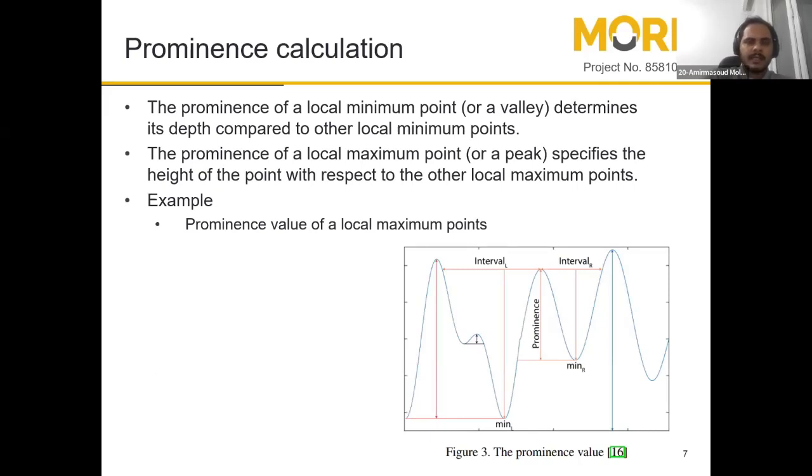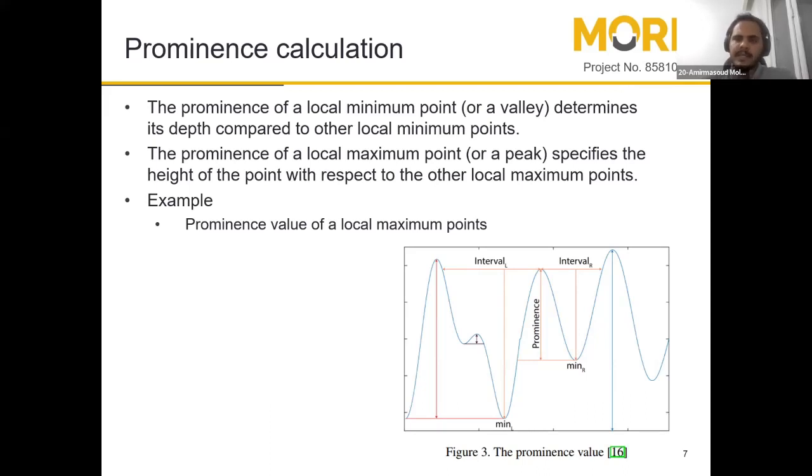Now, in this slide, you can see an example for the prominence value. What is the prominence value? The prominence value of a local minimum point determines its depth compared to the other local minimum points. We have a similar definition for each local maximum point: the prominence value of a local maximum point specifies the height of the point with respect to the other local maximum points.